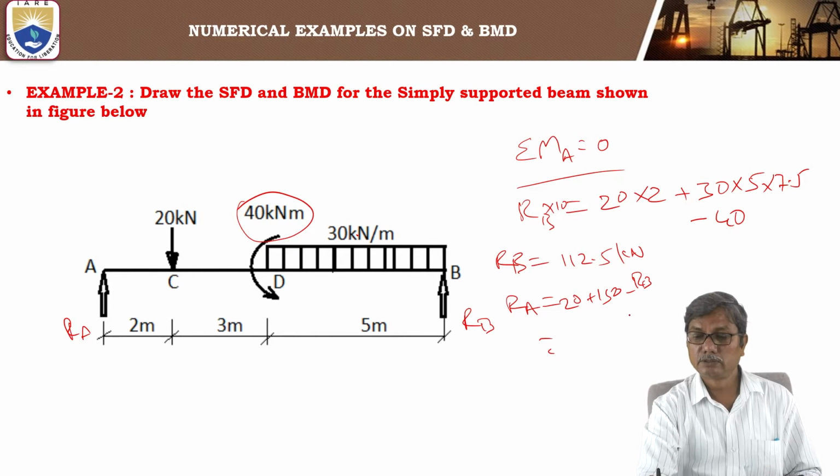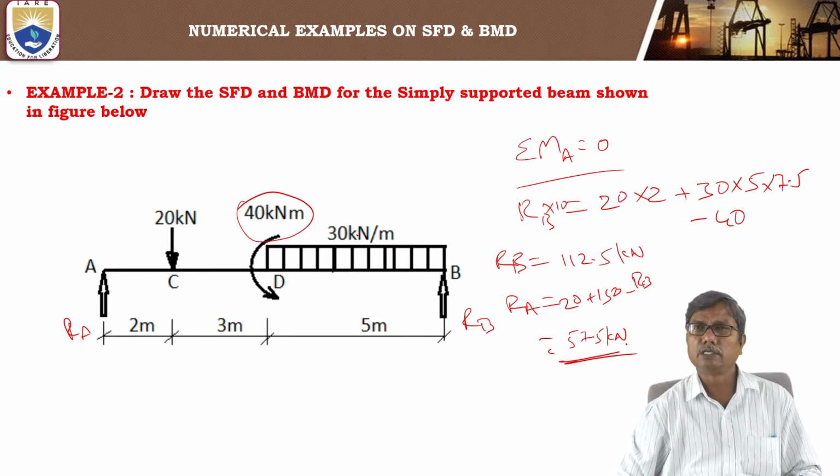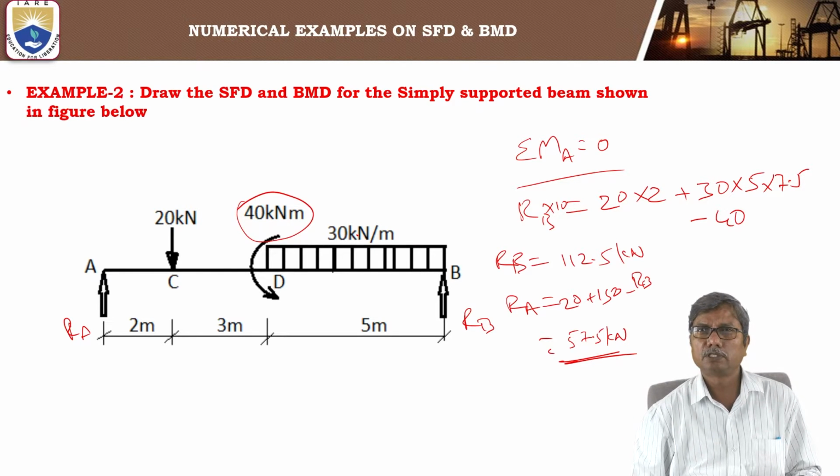So 170 minus 112.5, which is 57.5 kilonewtons. RA is 57.5 kilonewtons.